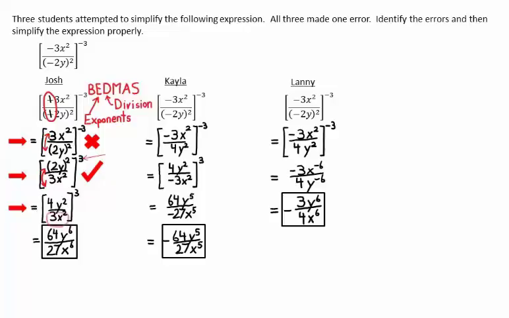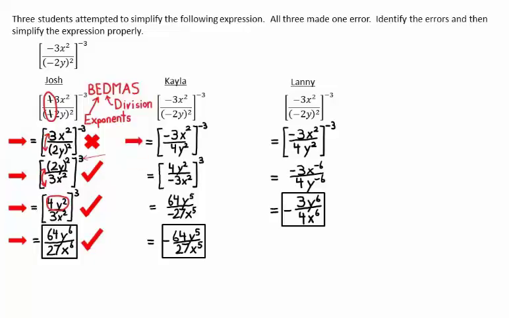Again, nothing wrong with that step. And finally, the last step: 4 cubed gives 64, and y squared cubed gives y to the 6, 3 cubed gives 27, and x squared, all cubed, gives x to the 6. Again, this step was okay. His mistake was made in his first step.